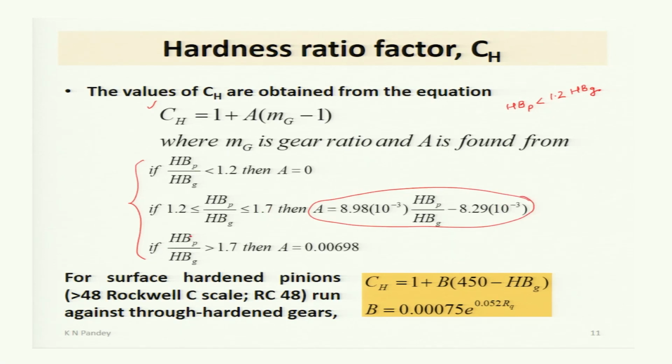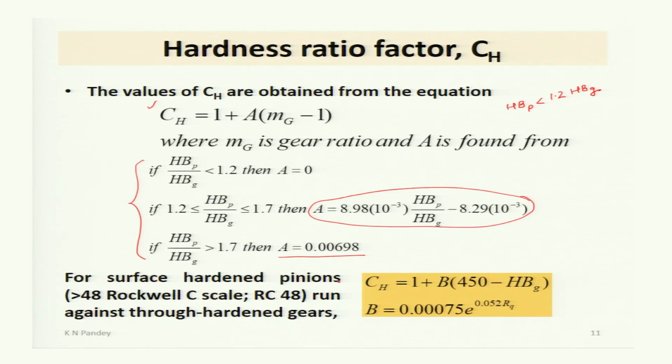And if the hardness of the pinion divided by the hardness of the gear is greater than 1.7, then A is a fixed quantity, and that is 0.00698. Well, knowing the value of A, you can substitute it here and get the value of CH.